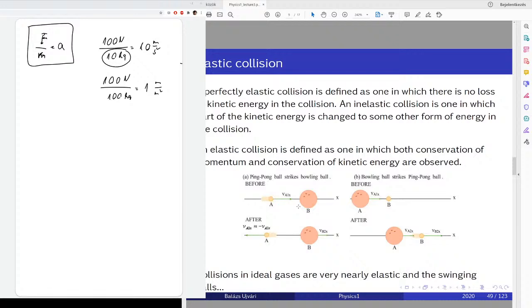We have to mention, it's not too much to know, but there are two kinds of collisions, elastic and inelastic. We use this elastic collision like in billiard. In billiard, there are two kinds of conservation, the energy conservation and momentum conservation. And we can use this elastic collision to describe several phenomena in physics, like ideal gases. So what does it mean?